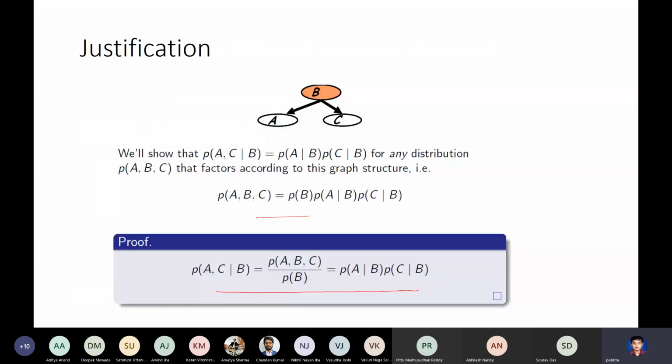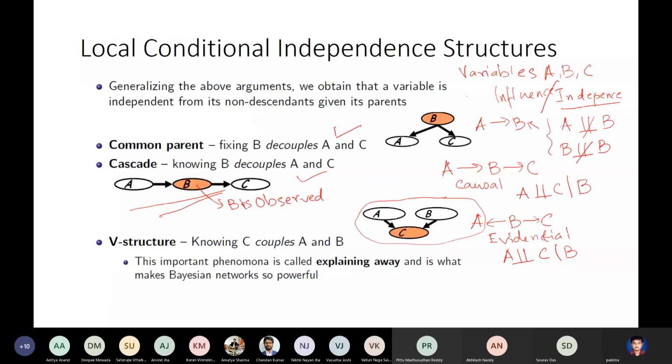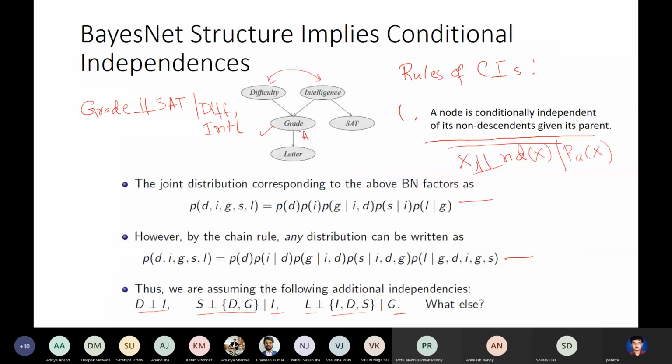For example, let's take this. This is a V structure. If we look at this path from difficulty to intelligence, if you have not observed grade or letter, then this is blocked. But the moment you observe either grade or its descendant letter, it becomes unblocked.